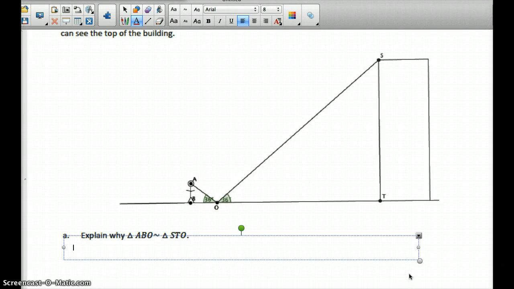So for part A, we'll say yes, triangle ABO is similar to triangle STO because of angle.